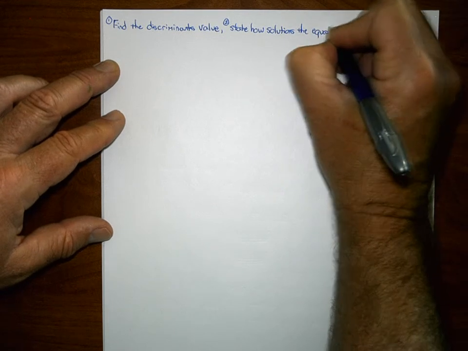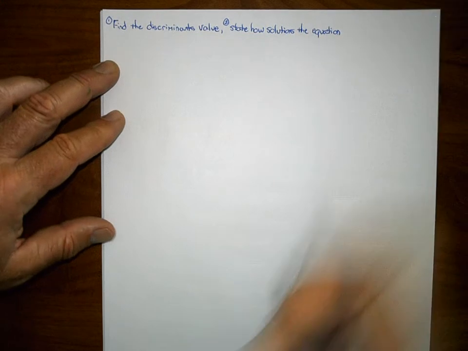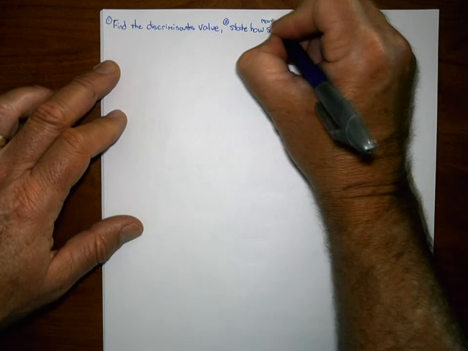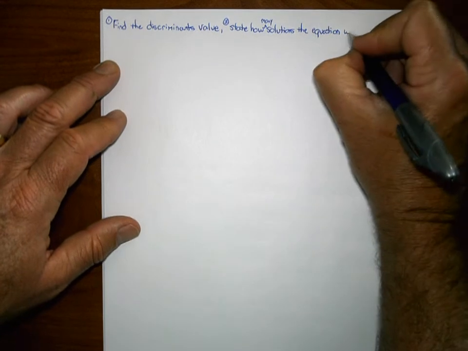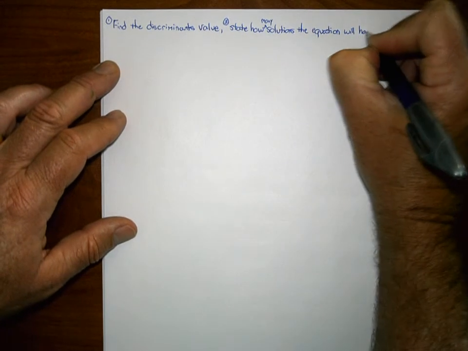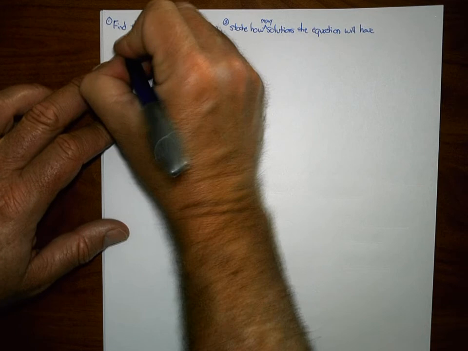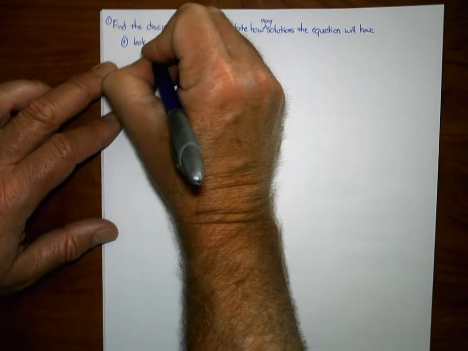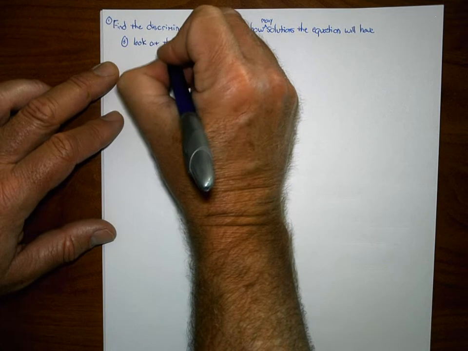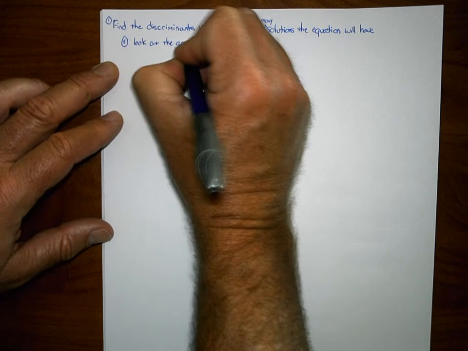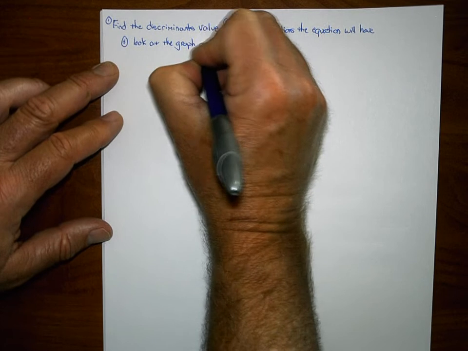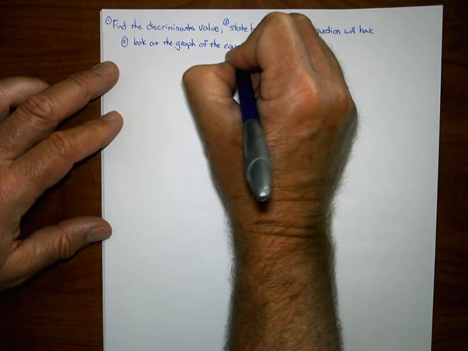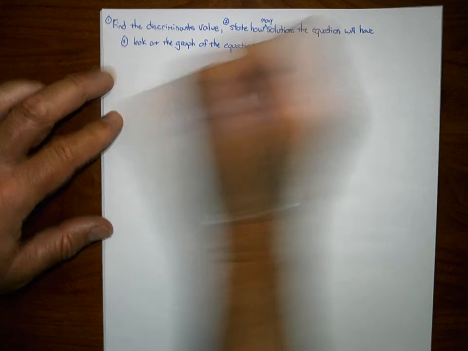We're not going to find the solutions, we're just going to state how many solutions the equation will have. And thirdly, we're going to look at the graph of the equation. All right, so here we go, you guys. Let's go through these 3 steps.